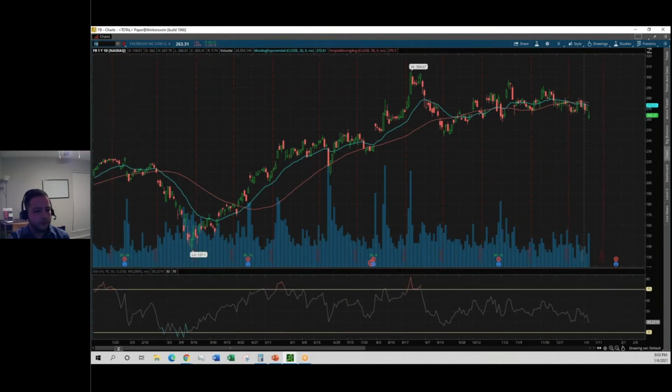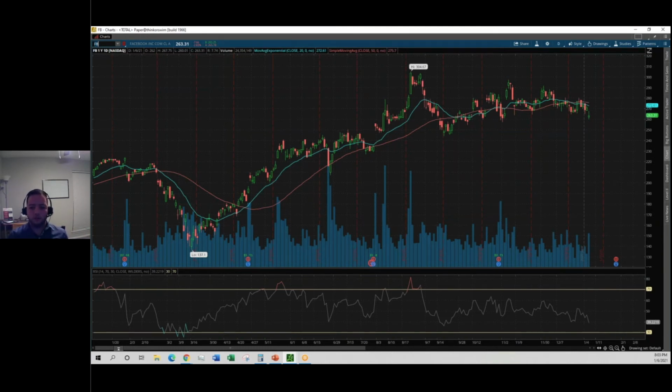Gustavo, on the bottom, the horizontal lines for 30 and 70, did the software put those lines there? Yes, everything is automated by the software. And again, the readings of 70 and 30 are pretty standard, but people with more expertise skew them a little bit depending on the situation.